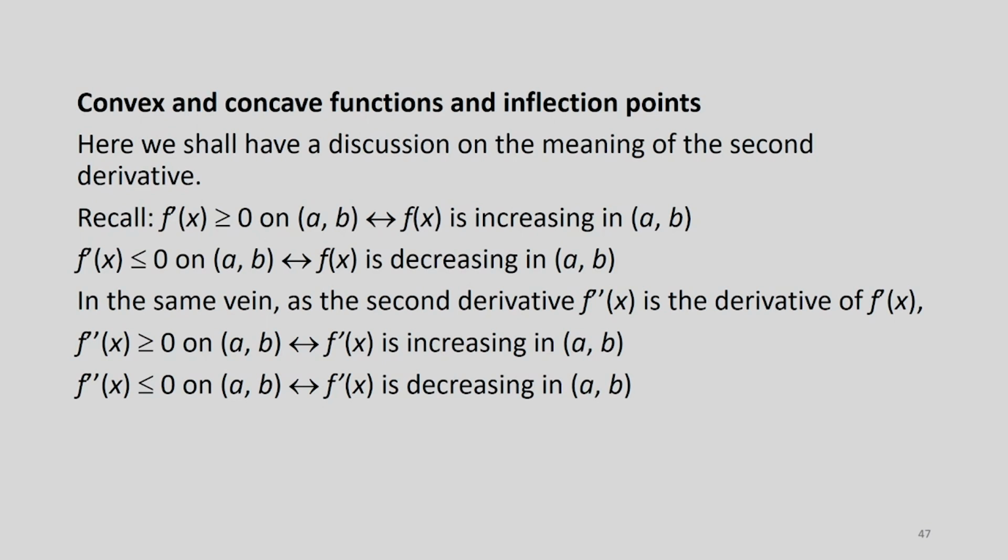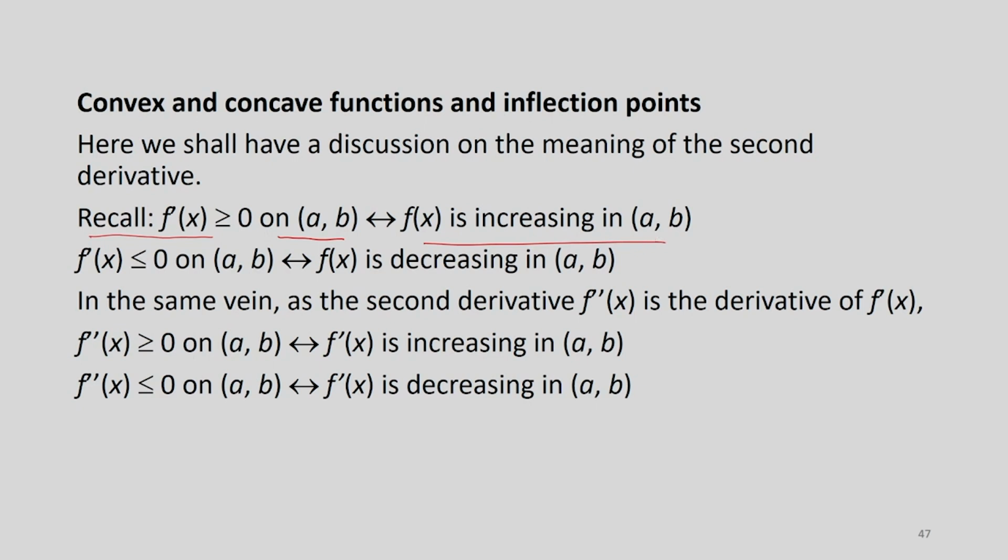Second derivative positive, what does it mean? Second derivative negative, what does it mean? Or if it is 0, then what does it mean? Okay. Recall f dash x greater than or equal to 0 on this interval a to b, this is equivalent to f of x increasing in a to b.